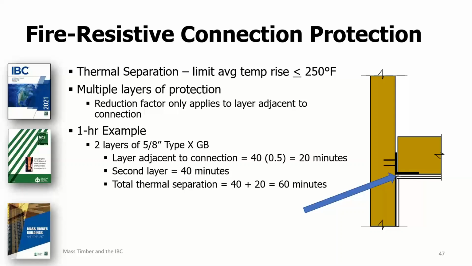In other words, the layer adjacent to the connection would be assumed to provide a thermal separation time of 20 minutes, and then the other layer of 5/8 inch Type X gypsum board would be assumed to provide the full 40 minutes of thermal separation because it's not adjusted by the 0.5 factor. And so this would add up to a full hour of protection, 60 minutes, which meets the requirement in this particular example.